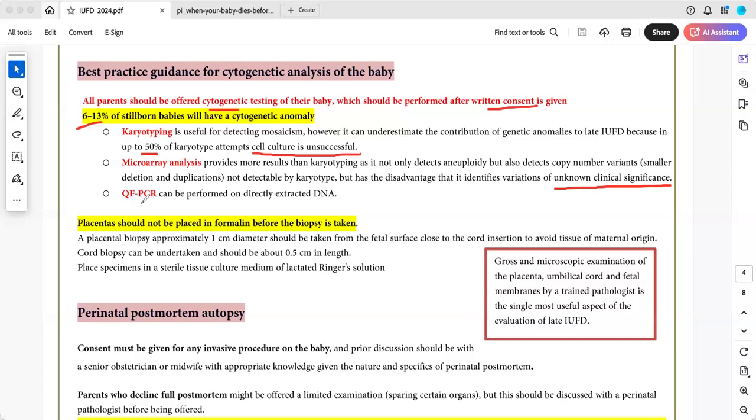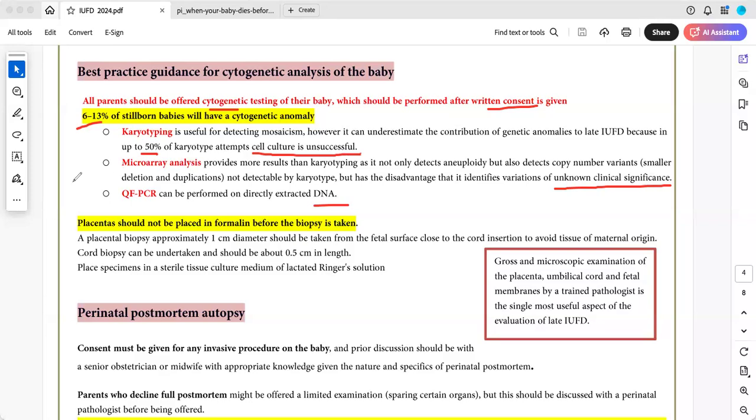The QF-PCR can be performed on directly extracted DNA. So those are the tests that can be done for the genes, right? So please remember again, karyotyping. What is the special thing about karyotyping? That there is 50% failure or unsuccessful cell culture.